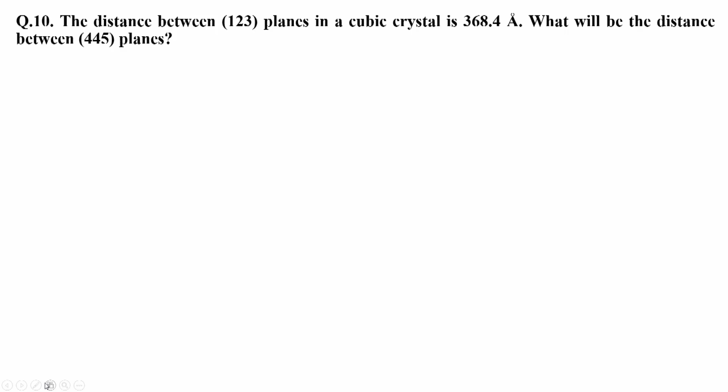So, okay, next we discuss problem number 10. It says the distance between 1, 2, 3 planes in a cubic crystal is 368.4 angstrom. What will be the distance between 4, 4, 5 planes?